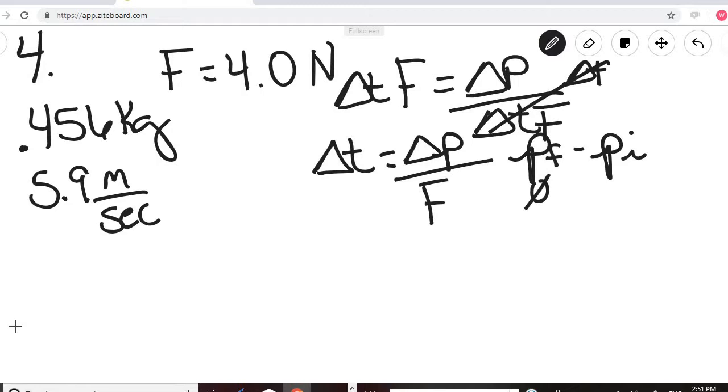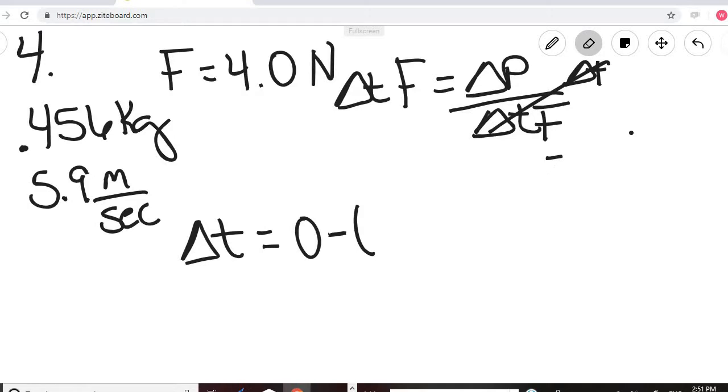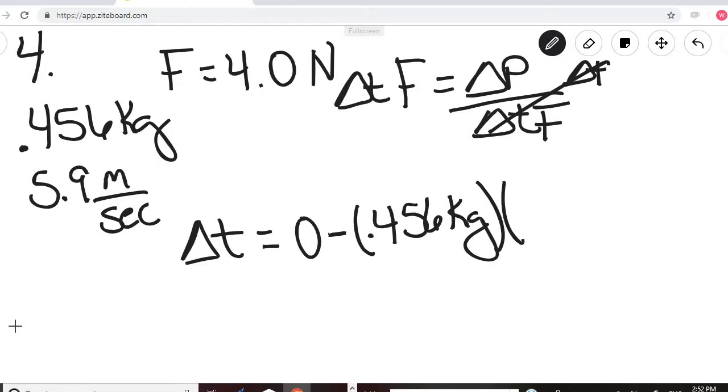So we're going to have that delta T is equal to 0 minus the mass, which is 0.456 kilograms, times the velocity, which is 5.9 meters per second.